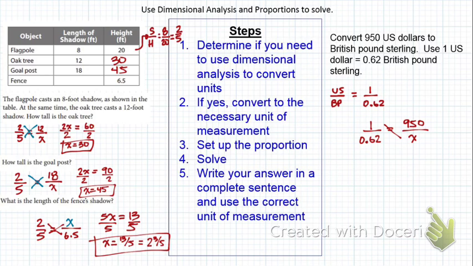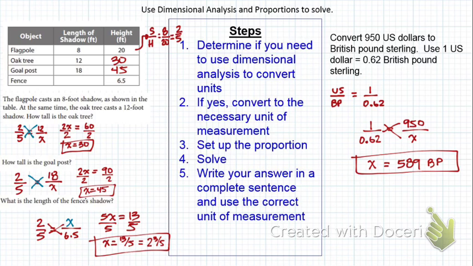So we cross multiply. 1 times x is x. 0.62 times 950 is 589. Okay, and that's 589 British pounds. And we don't need to isolate this anymore. x is by itself, so that's our answer. Okay, pretty easy and straightforward.